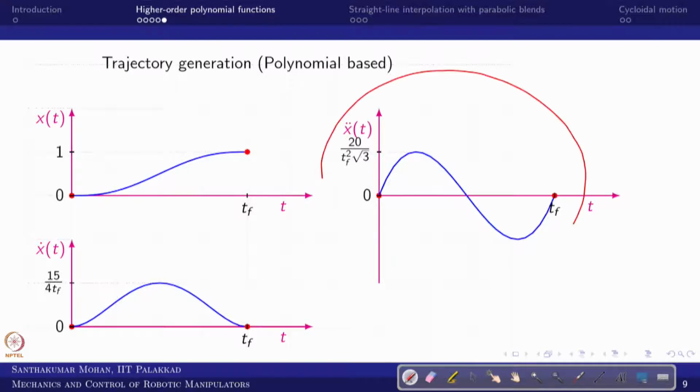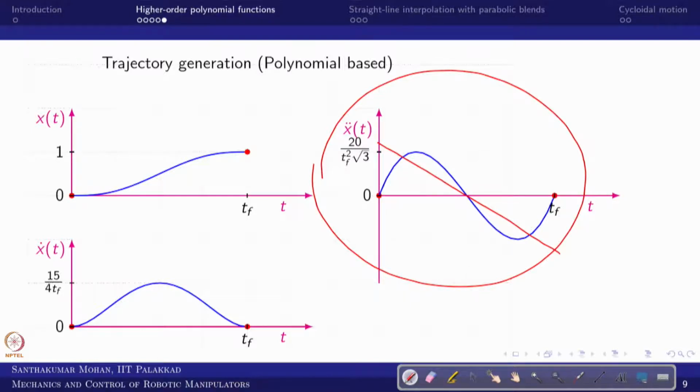This is much smoother. There is no linear acceleration, as you would have seen in the cubic polynomial, where the acceleration was linear like this. But here it is sinusoidal, which is much smoother. This is the advantage of using a higher order polynomial.